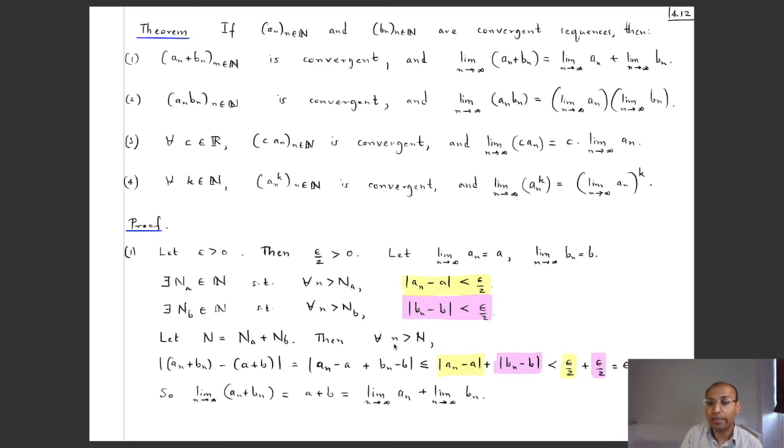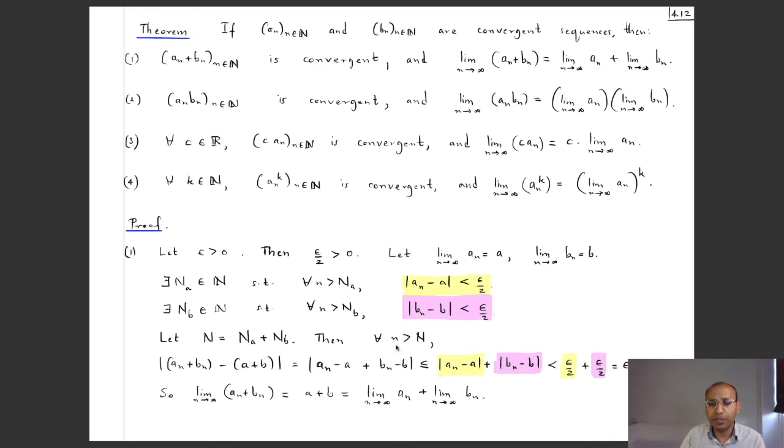So whenever the little n is bigger than capital N, we have that the nth term of our sequence of interest, namely an plus bn, minus the claimed limit, that distance, is equal to, we can rearrange this sum as an minus a plus bn minus b, and then using the fact that the modulus of the sum is less than or equal to the sum of the moduli, the triangle inequality, we have that this is less than or equal to mod of an minus a plus mod of bn minus b.